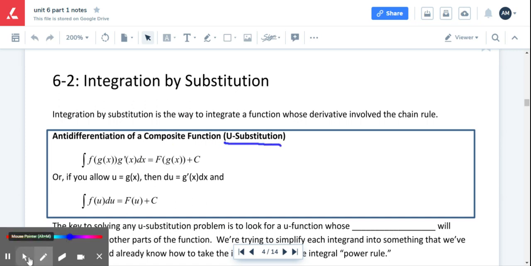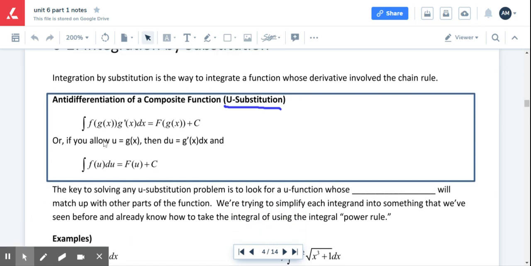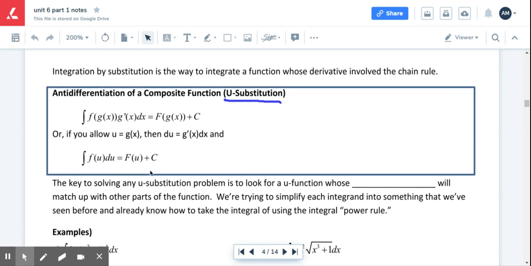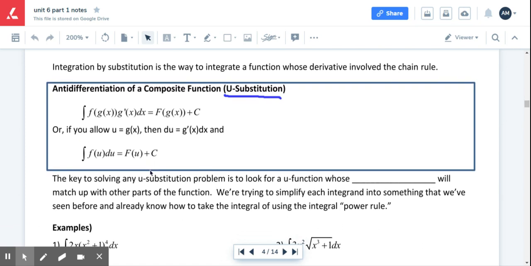So this is the rule right here. I'm not going to read this to you because it makes things a little confusing. I think once you see the examples, you'll see what we're doing here. Essentially, you want to look for a piece, like the inside of a composite function, where the derivative of that is somewhere else inside the whole function.